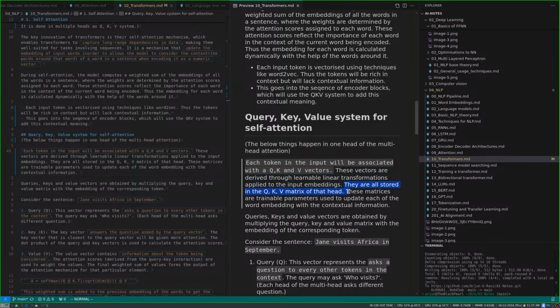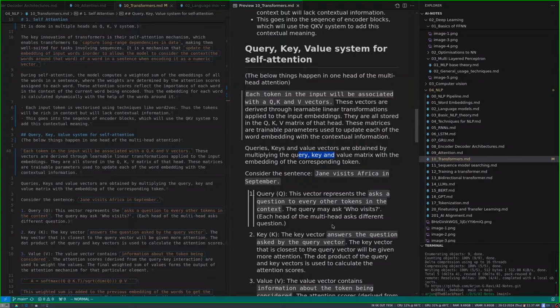These also contain a matrix of the head. There's a query key value matrix.